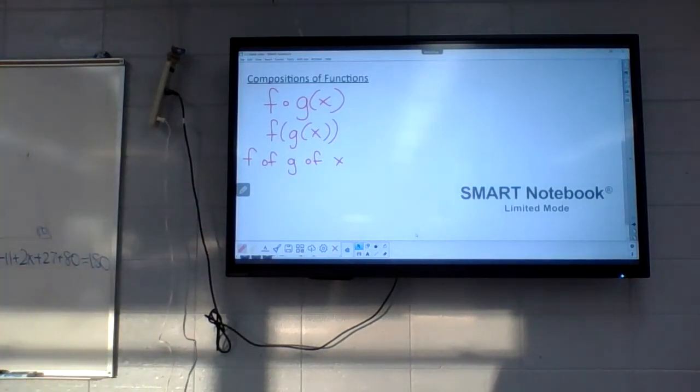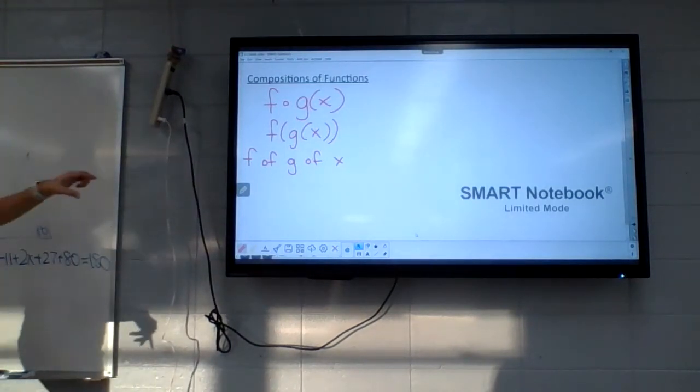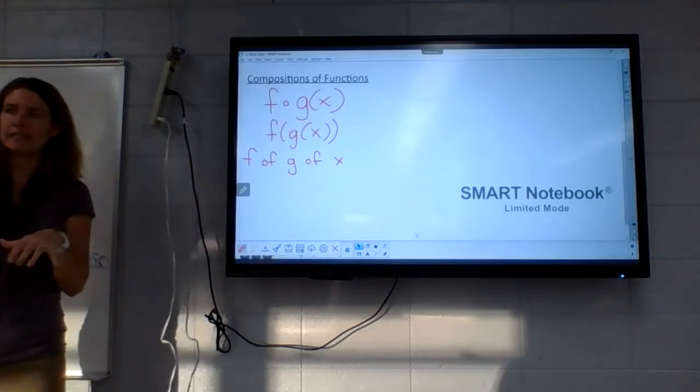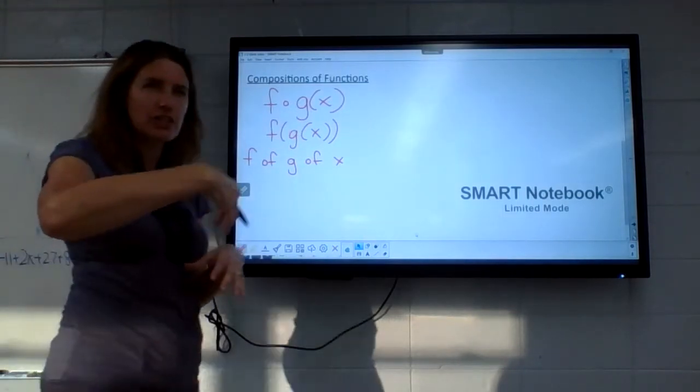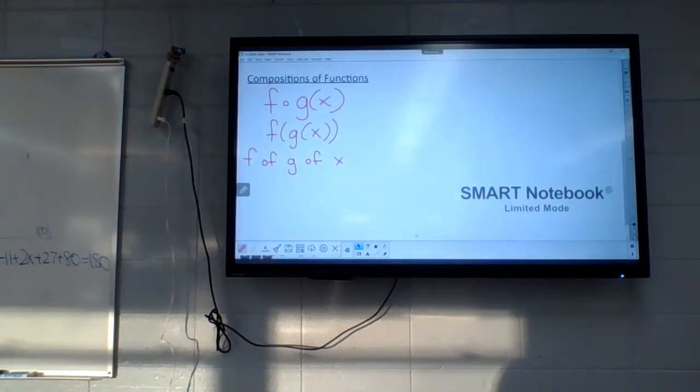So what this is telling me to do is put g inside of f. So we're putting one function inside of the other. We're going to take an actual function and drop it in place of the other.